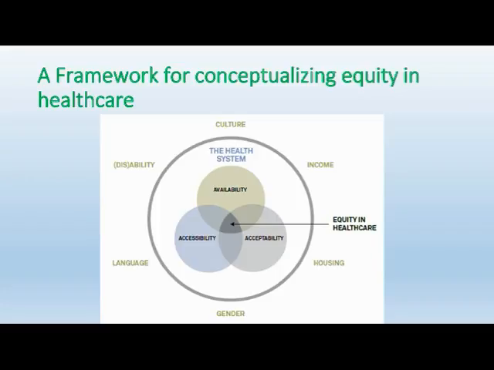The items outside of the large circle, which means outside of the health system, represent several social categories, all of which compound and intersect at multiple levels to affect an individual's ability to identify and access services, as well as navigate the system. For example, individuals with limited knowledge of the national and English languages with low incomes may experience substantial difficulties in accessing and utilizing health services.